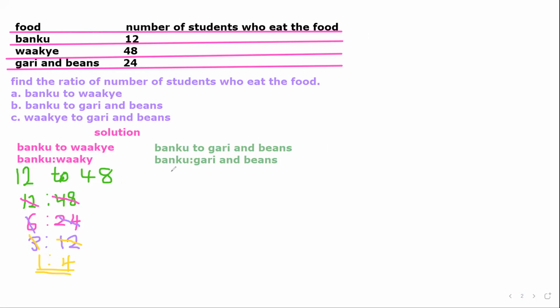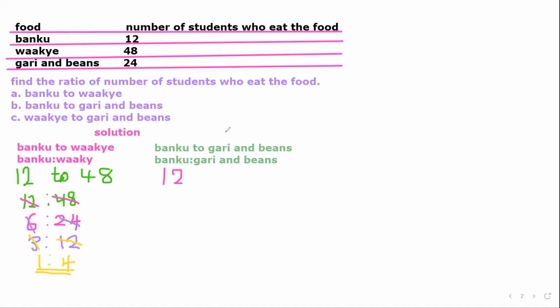Then the number of students who prefer Banku is still 12 here, because we said ratio compares 2 things of the same kind. Ratio shows the relationship between 2 quantities, which shows that one quantity is greater than the other. So you are comparing the preference of the students for Banku to Gari and beans.